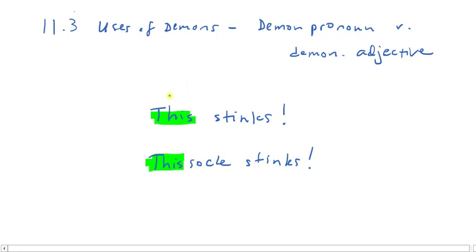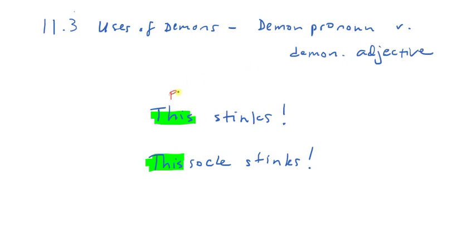The first one. A pronoun is a word that replaces a noun, right? And what do nouns do? Well, nouns function in sentences in fairly typical ways, and one common way a noun functions is as a subject of a verb, right? Is this pronoun the subject of the verb stinks?